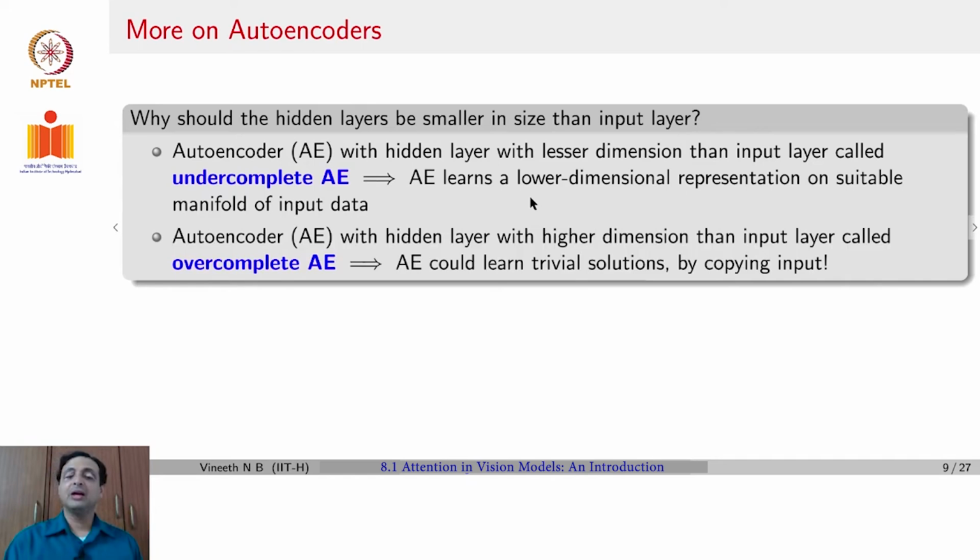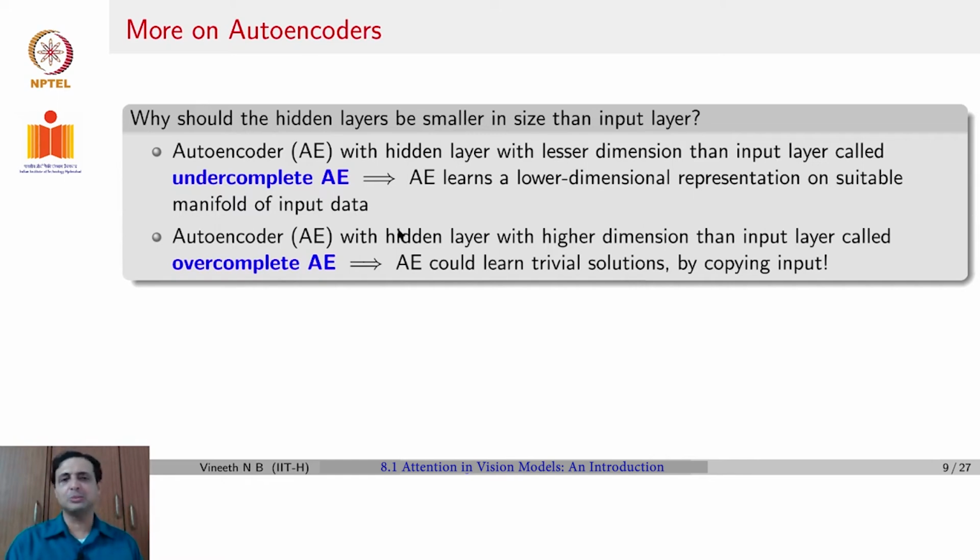On the other hand, if you had an autoencoder architecture where the hidden layer dimension is larger than your input, you would call such an autoencoder an overcomplete autoencoder.